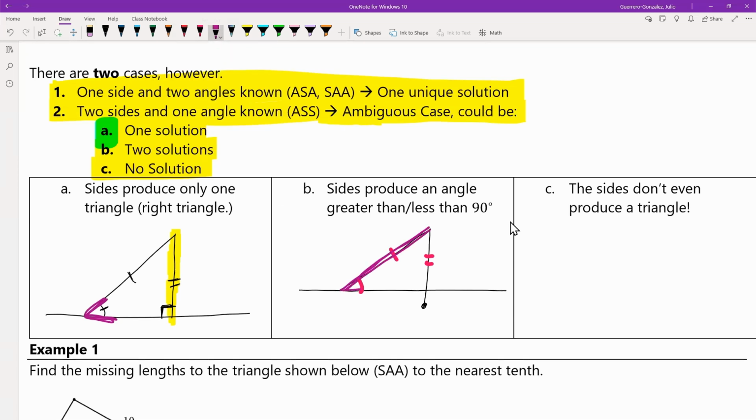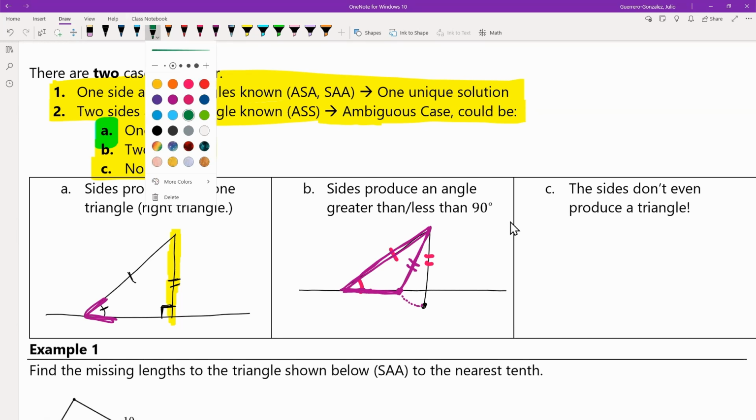One triangle is going to be like this. So basically, I get to grab this end and sort of fling it inward to here. This purple triangle is one triangle. Got it? I'm going to draw another one now.